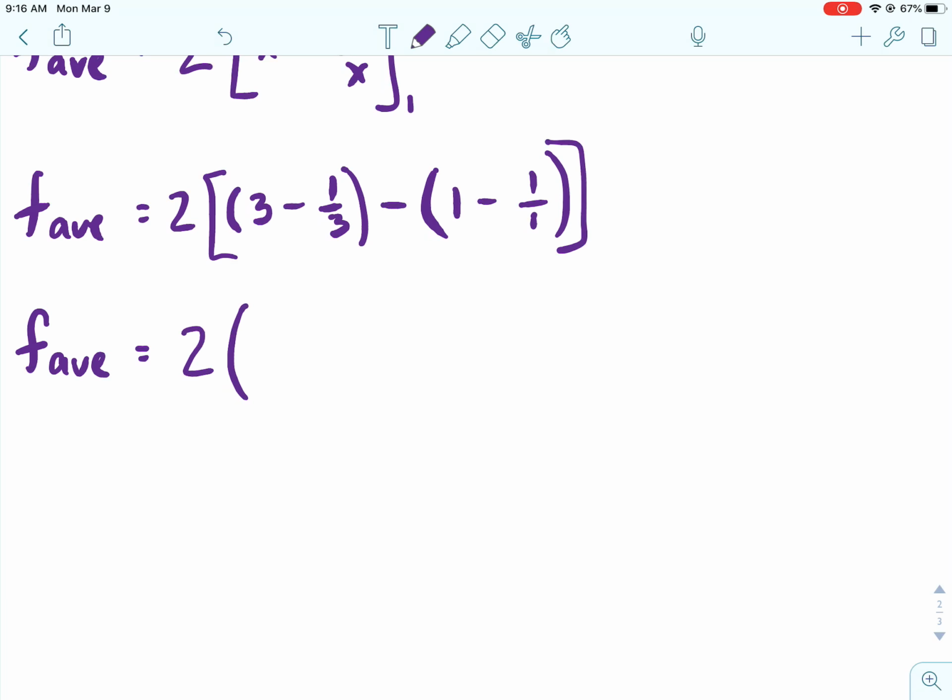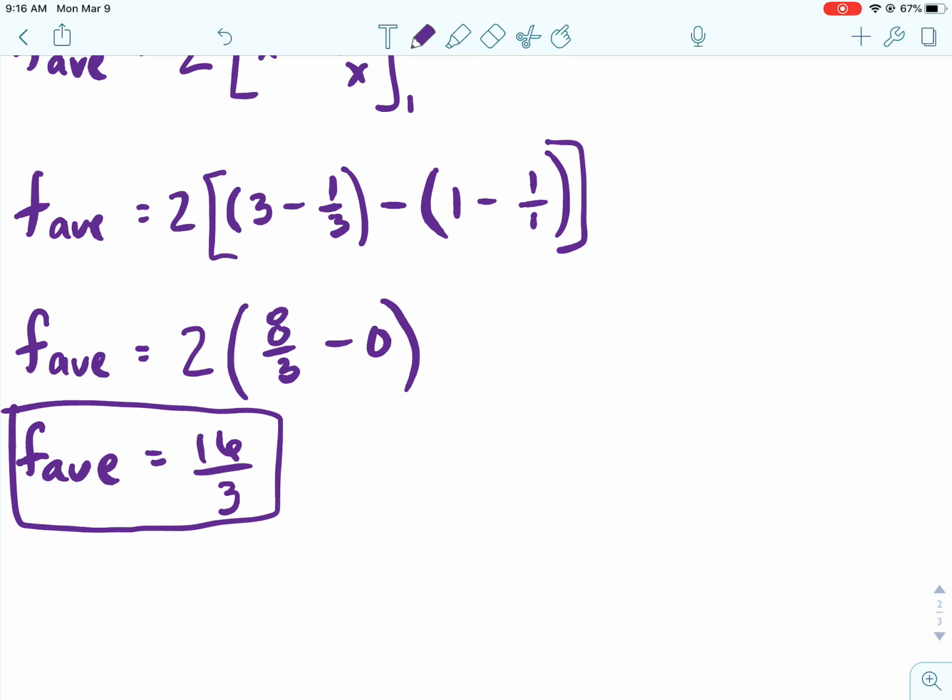Okay. So what is 3 minus 1/3? How many thirds is 3? 9. So 9/3 minus 1/3, 8/3. All right. 1 minus 1 obviously is 0. So the average value of this function is going to be 16/3.